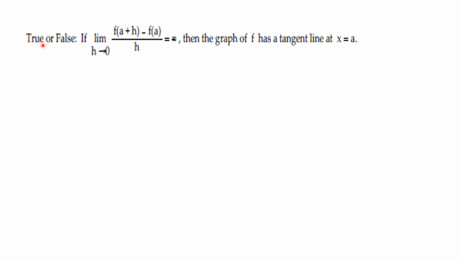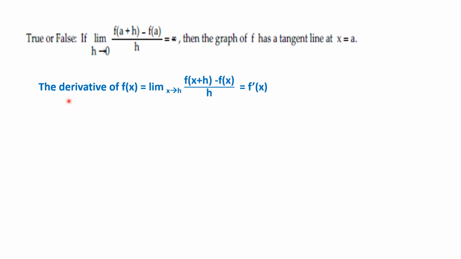True or false? If the limit as h approaches 0 of f of a plus h minus f of a, divided by h, equals infinity, then the graph of f has a tangent line at x equals a.